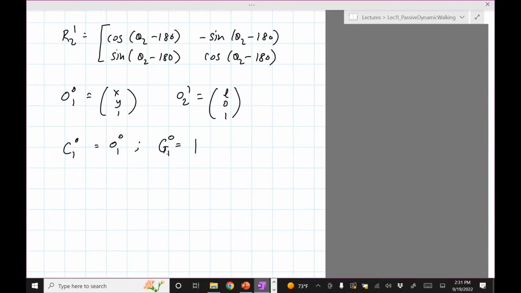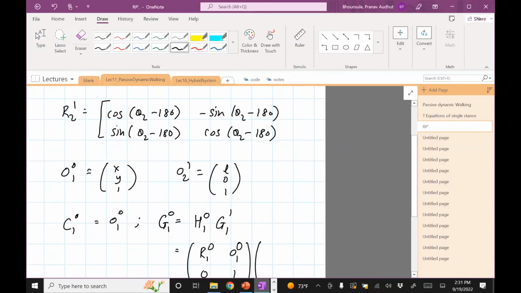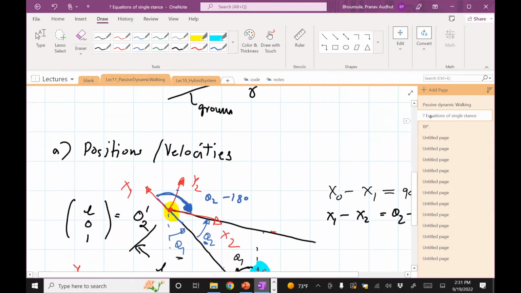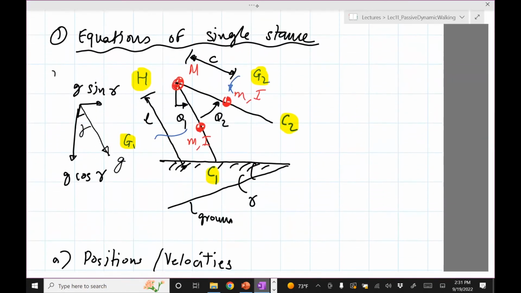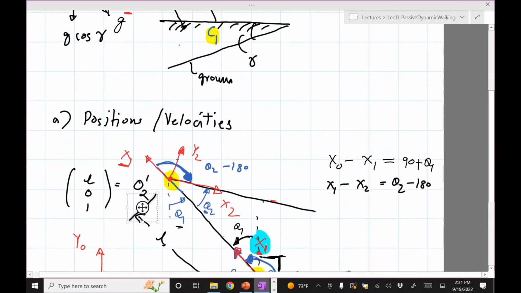Okay, G1 is going to be H10 times G1 with respect to frame 1, right? So what's G1? Let me just fill this up first. H10 is R10, O10, 01. And then G1 in frame 1, if you look at this figure, you want to compute the position of G1 in frame 1.